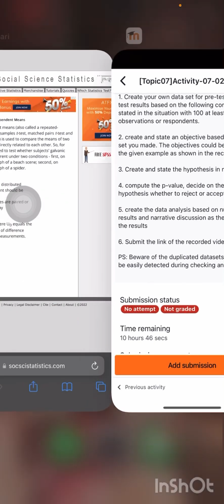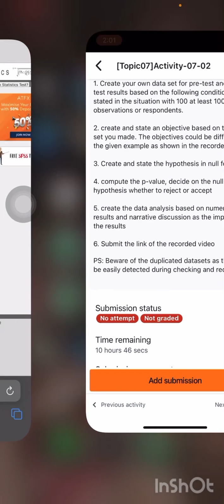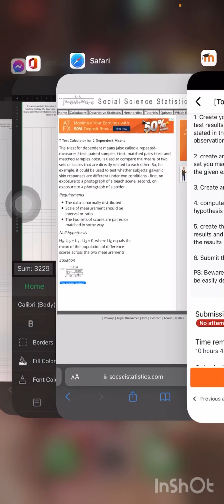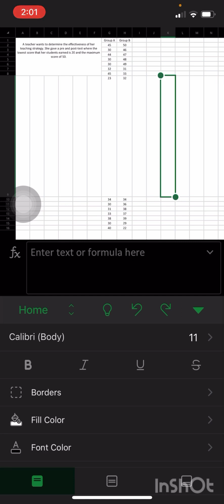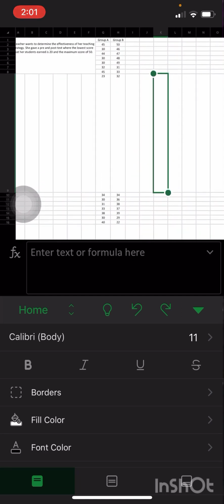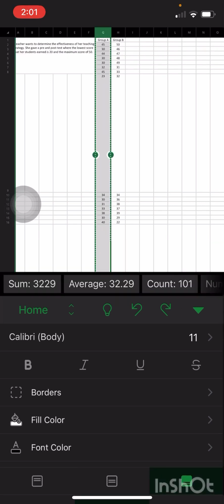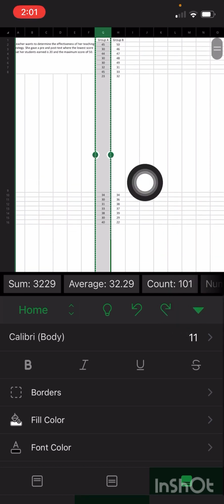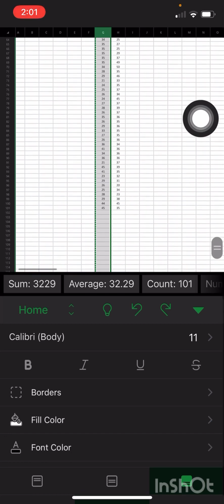First, we created the data, with group A and group B. In group A we will copy. As you can see, our data count is 101.